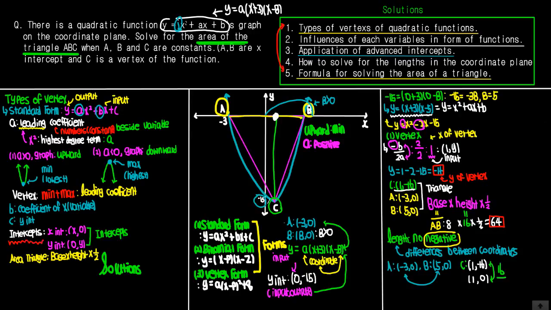We thought about the x and y intercepts. And now we thought about the triangle area formula. There are three forms of a quadratic function: there is a standard form, there is a binomial form, and there is a vertex form.